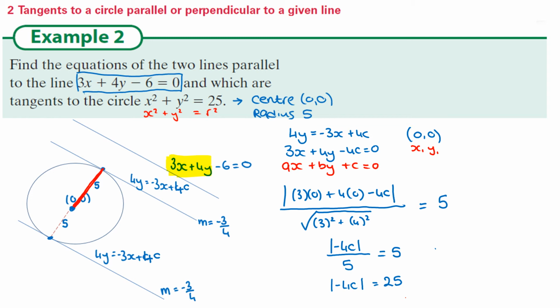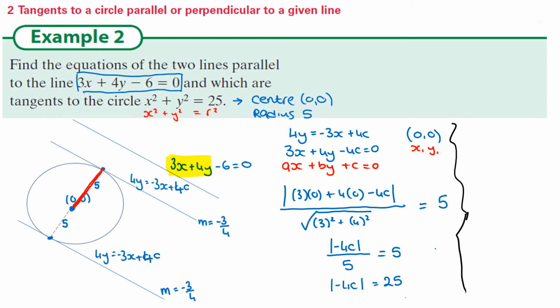Now, we need to get two answers here. How we're going to get two answers is using the idea that the absolute value means that we only take the positive. So minus 4c equals 25.